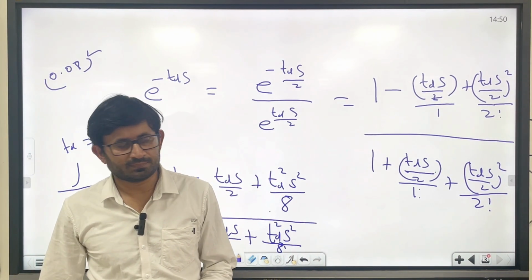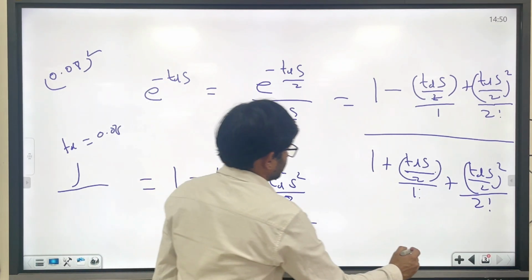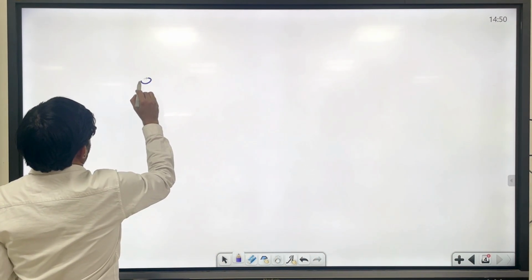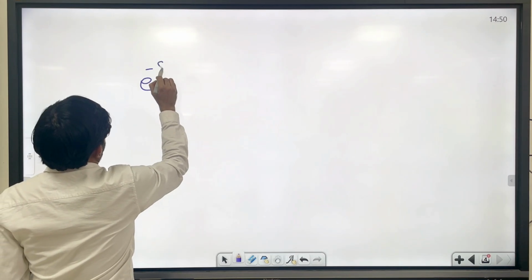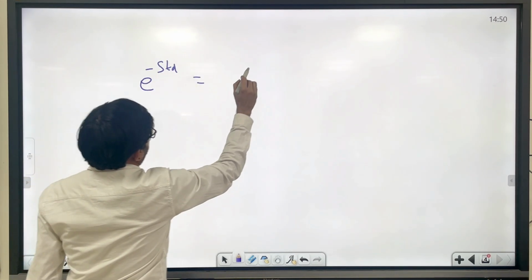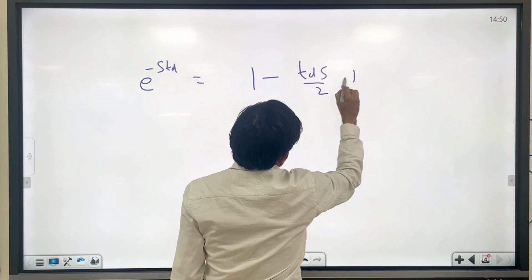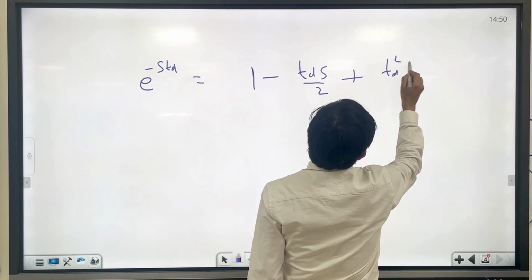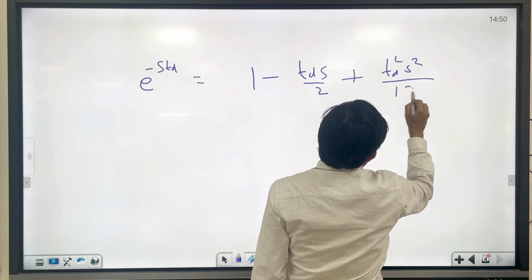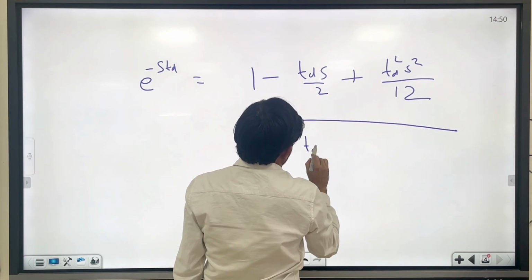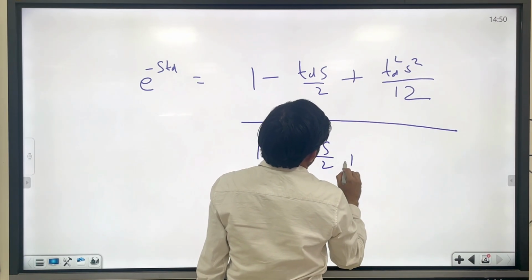And there is one more second order Padé approximation where you can write e to the power minus Td s equal to 1 minus Td s by 2 plus Td square s square, and then instead of 8 you write 12. Td is the time delay.